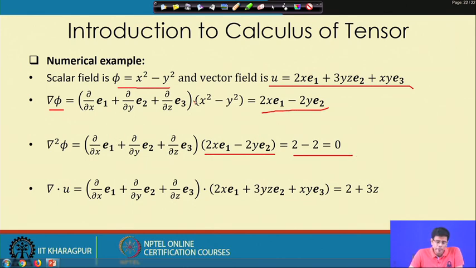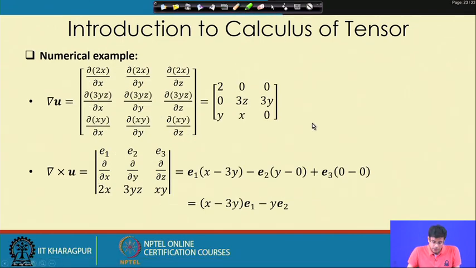Okay. Now, the divergence of that u vector. This is a vector, so the divergence of u is again a dot product, and this is essentially a scalar. If you see, all those quantities here are scalars, but it is not necessary that all these quantities will be scalars, right.